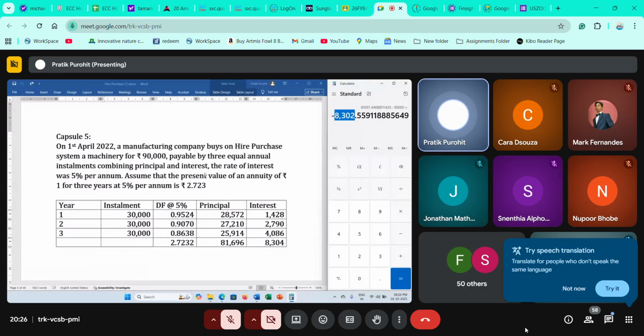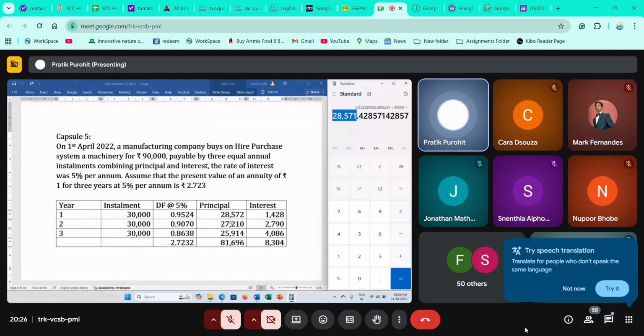Okay. So this is something you can do when you have equal installments, but if you don't have equal installments, it's actually very simple. Whatever values you got, that is 1 divided by 1.05, you multiply this individually by those installments. So 30,000 in this case, so it becomes 28,571.42.